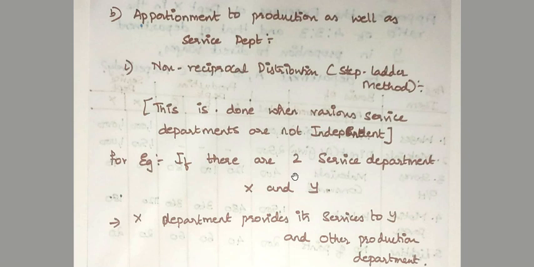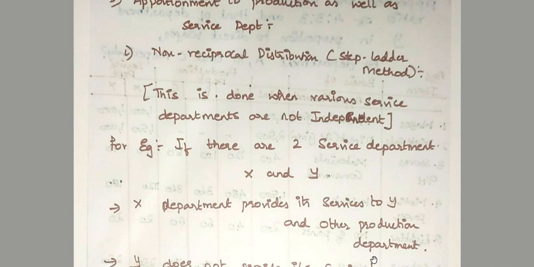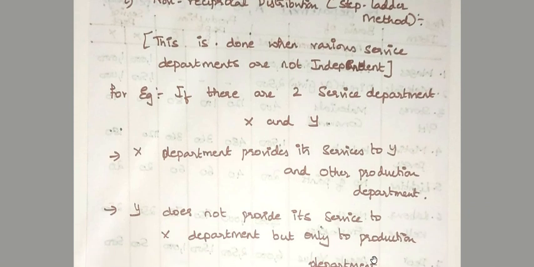For example, if there are two service departments X and Y, X department provides its services to Y and the production departments. In the same way, Y department does not provide its services to X department but only to the production department.